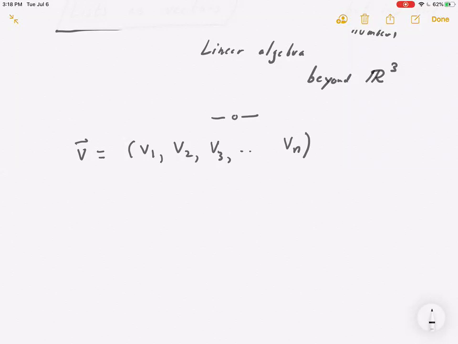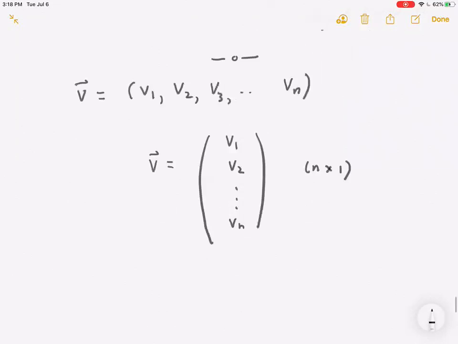And again, in column representation, vectors are matrices. This is just a vector or a matrix with n, as in Nancy, rows and 1 column. And again, I keep mentioning this, and at some point in time, I'll stop saying it. We are choosing to write our vectors in column representation to start with.